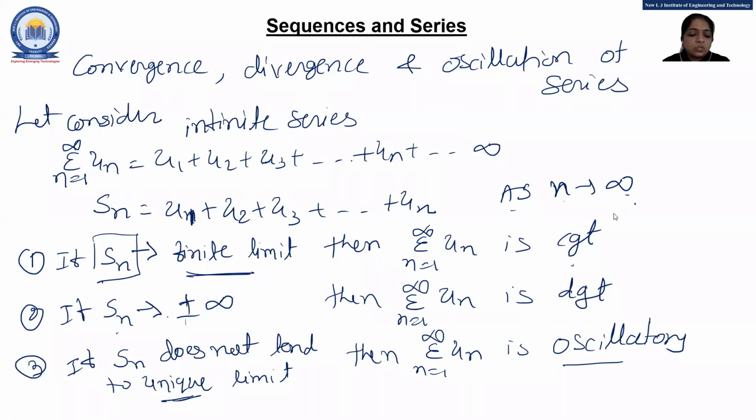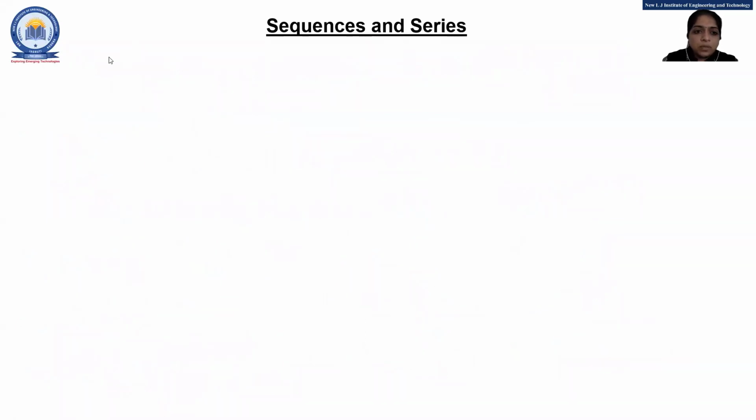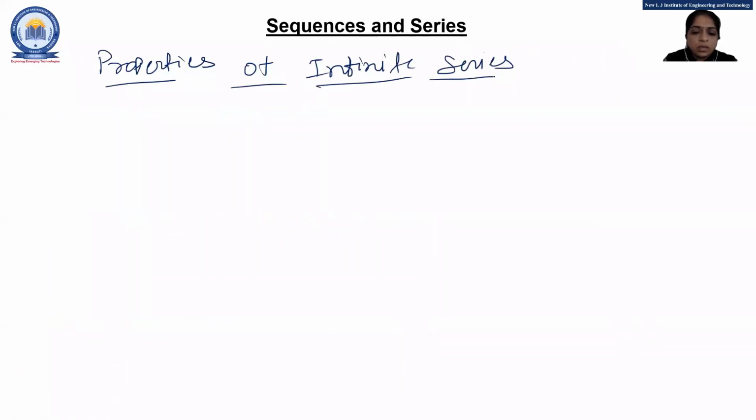Okay, so now the properties of infinite series. Number one, the first property is the convergence.